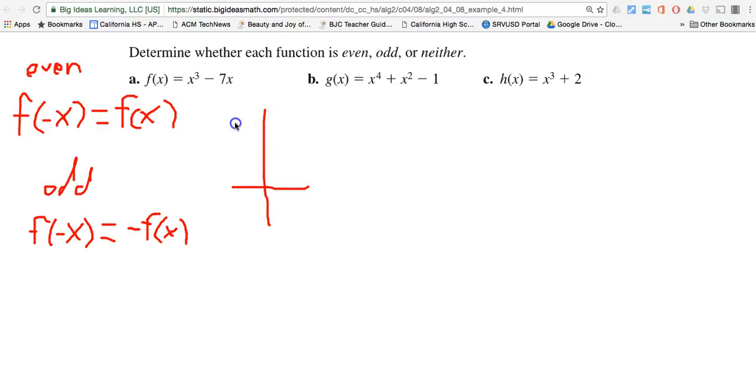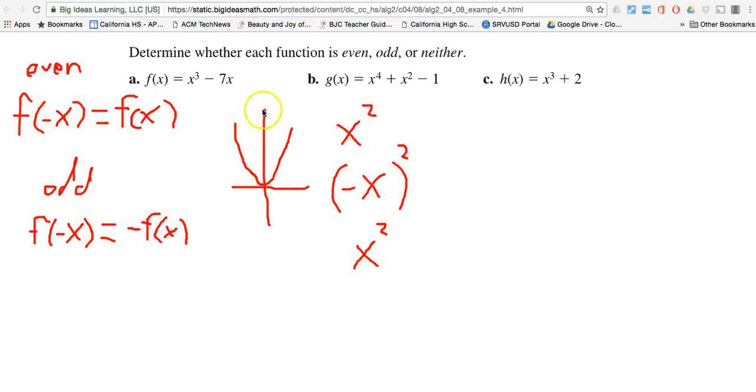For example, if we have a function like x squared, we're testing right now to see if it's even. So we change our input to the opposite of x, but if we work this out, we end up with x squared. So x squared is an even function, because if we make all of our inputs negative, it's still going to equal the original.